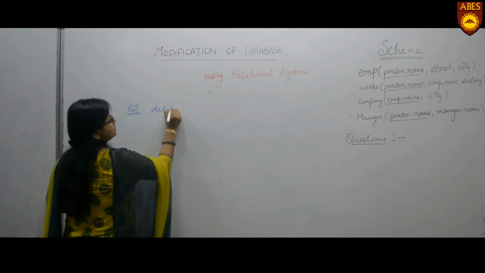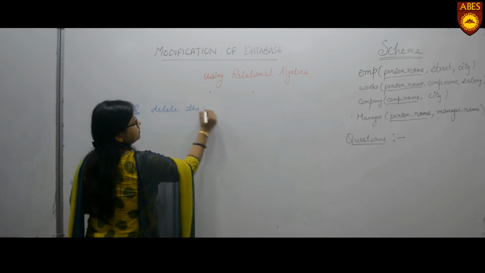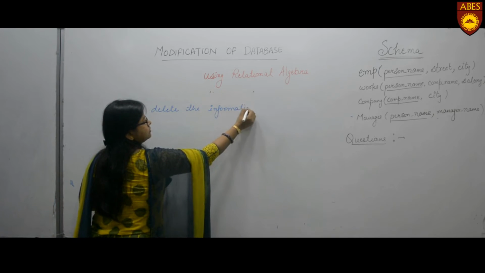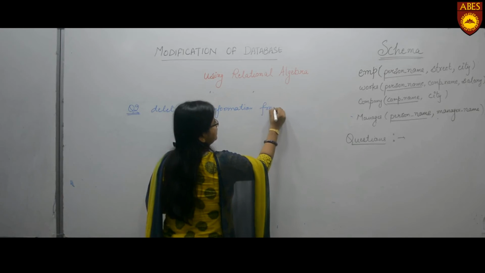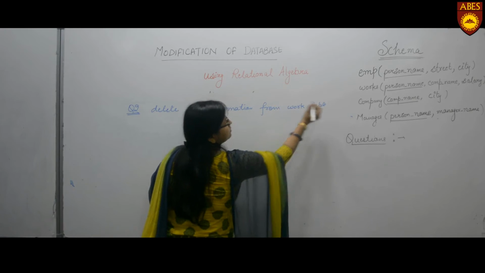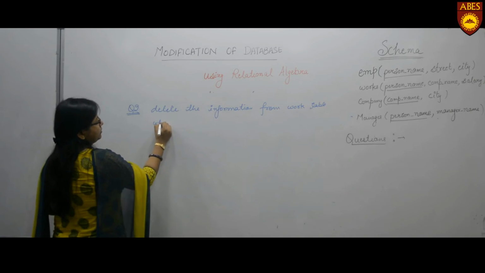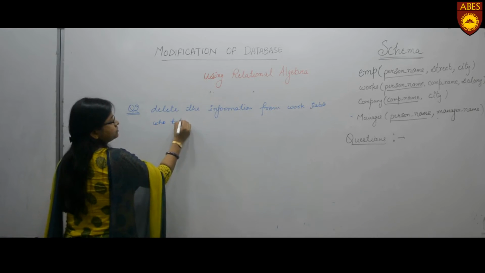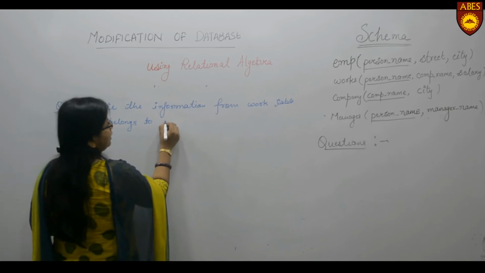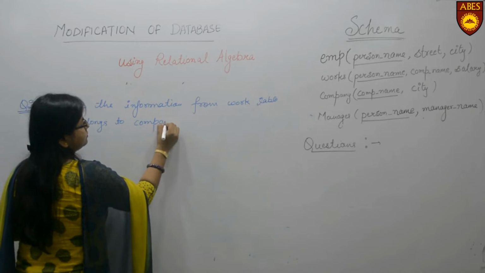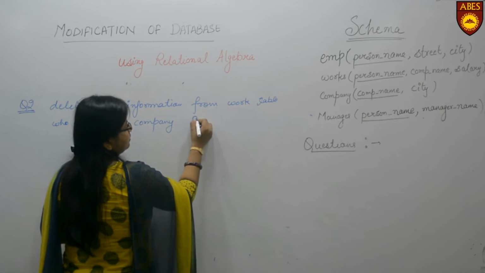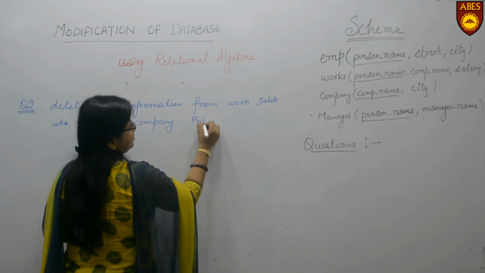The question is, delete the information from the works table where the company name belongs to the company PNB Bank.